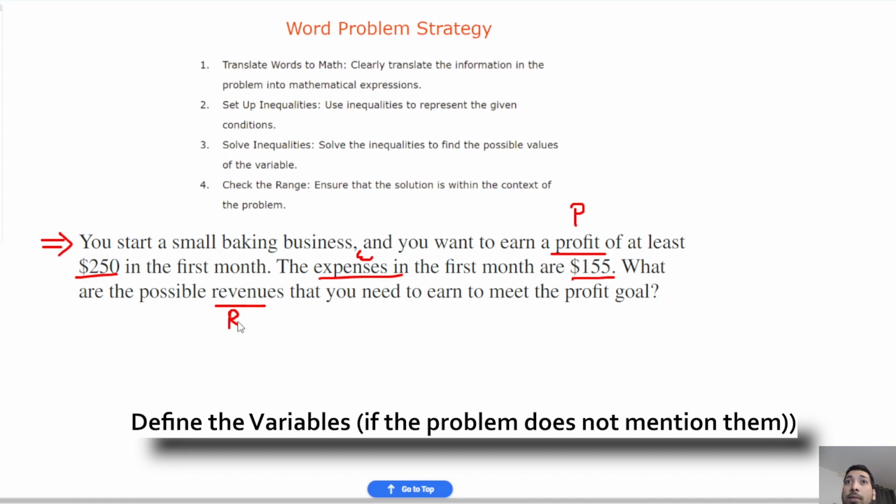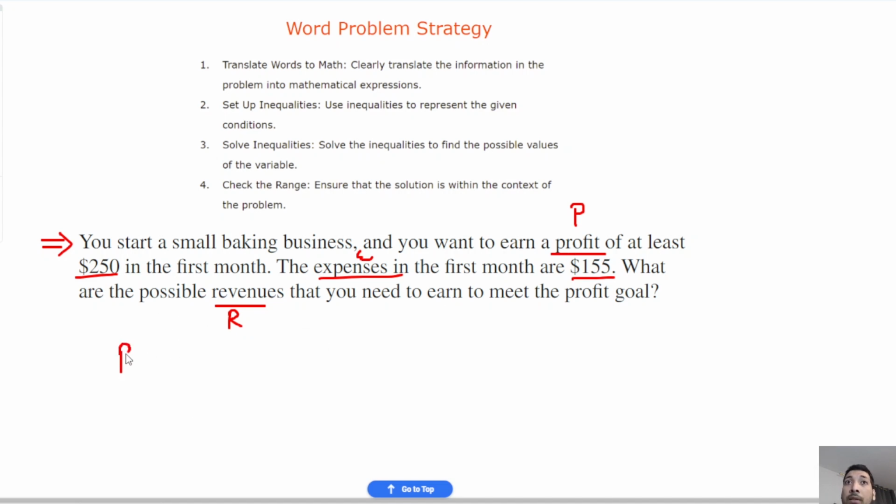So we can write that a profit of at least $250 means P should be greater than or equal to, since at least means greater than or equal to. So P is greater than or equal to 250.